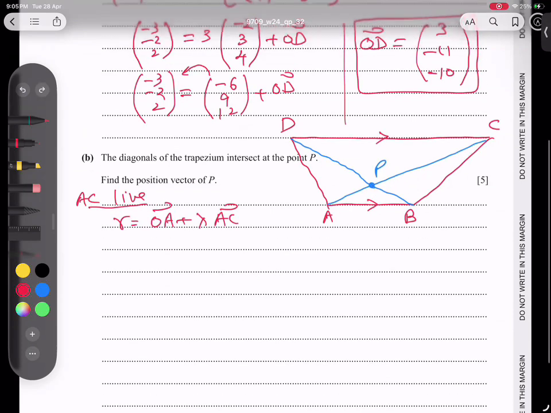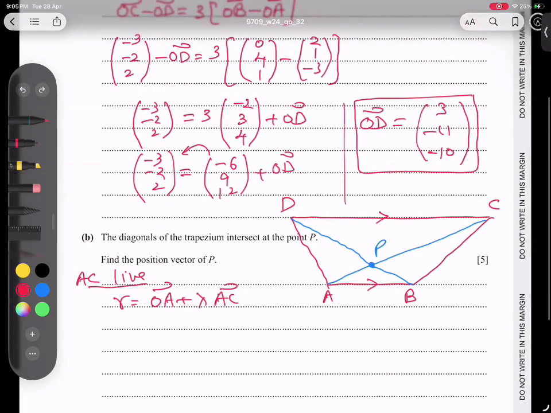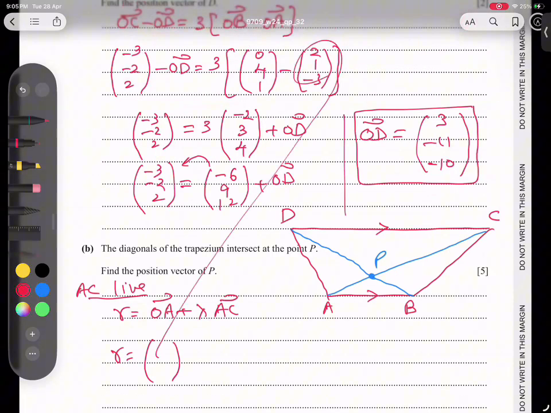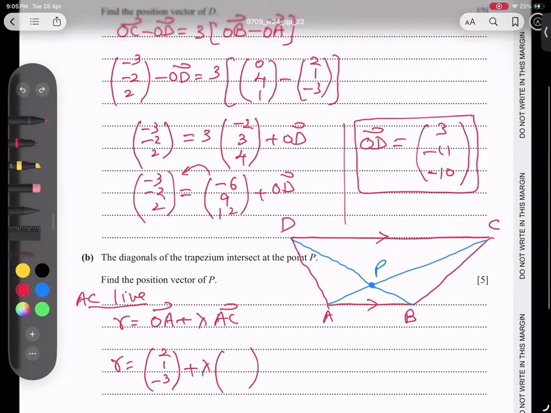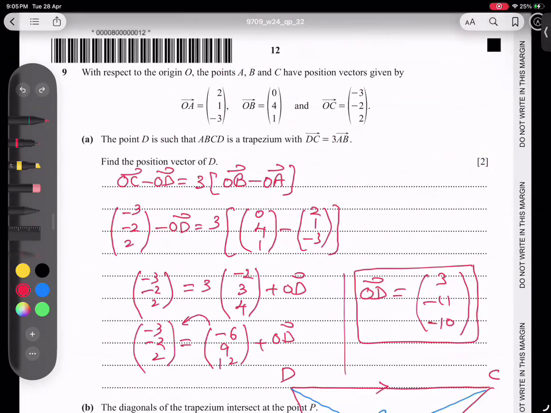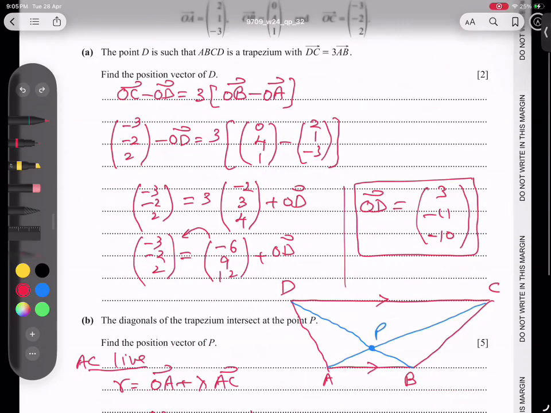So let's complete. R is OA, and what value do we have for OA? OA value is this. So 2, 1, minus 3. And now I'm writing the AC vector. AC vector means C minus A, C minus A. So I'm here C minus A. So this minus that. So take extra care, C minus A.